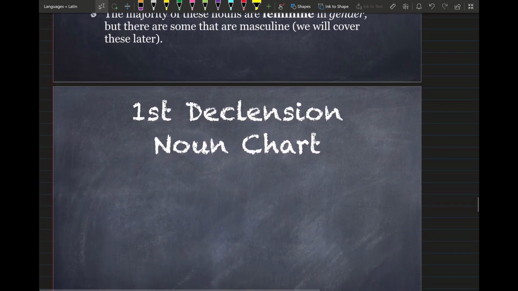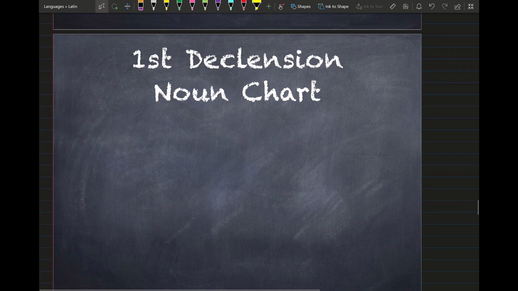So let's talk about first declension nouns. All right. So a first declension noun, let's just give us an example. So Rome, this A right here tells us that it is a part of the first declension. Okay, first declension noun.